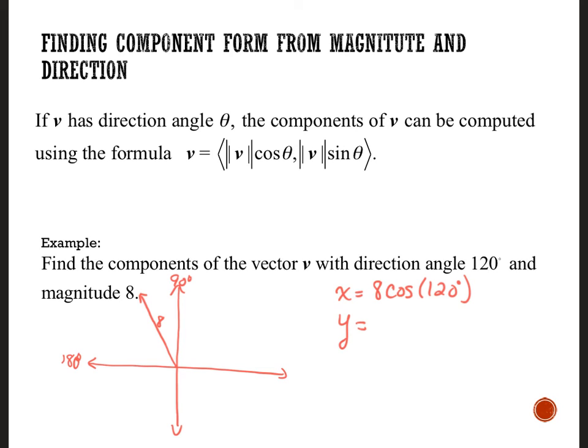And to find the y component, we're going to do our magnitude times the sine of our angle measurement. We'll use calculator values for this. And this will put my x value at -4 and my y value at 6.9. So I can write this vector in component form as (-4, 6.9).